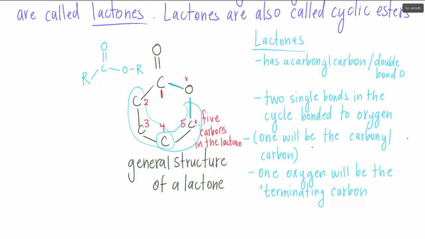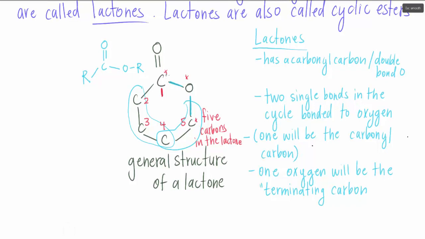If you have a structure where the carbonyl carbon is not directly bonded to an oxygen, and that oxygen is not directly bonded to the terminating carbon in that ring, recall, we want to get to the oxygen last when we number, starting at the carbonyl carbon, then we do not have a lactone.